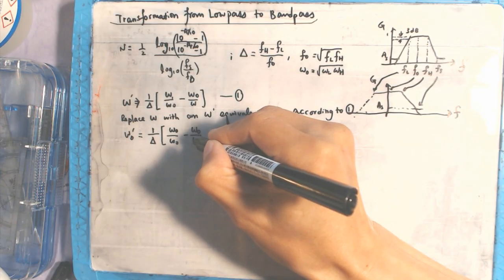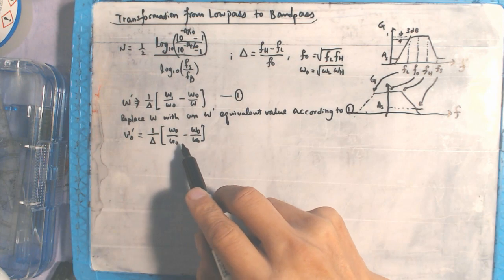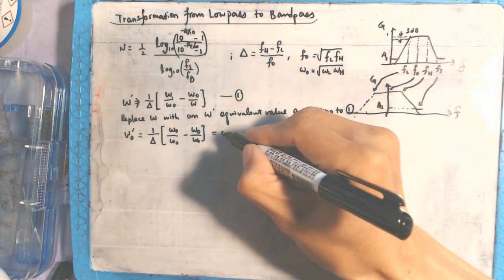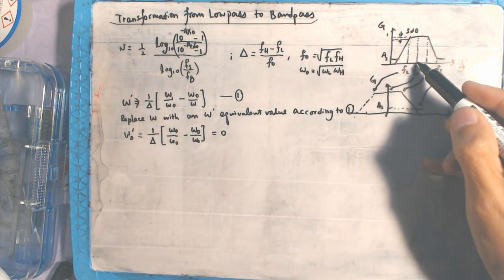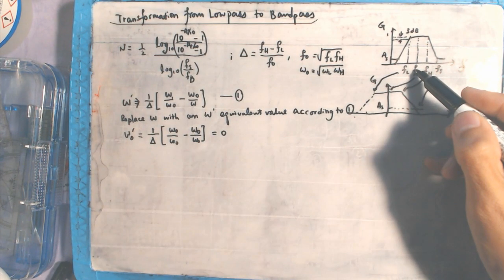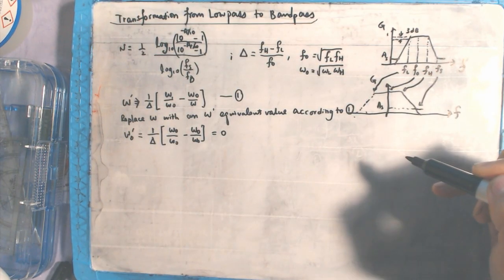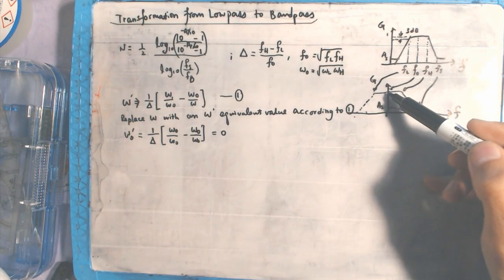So obviously, according to this equation here, you get 1 minus 1, which is 0. So the center frequency of the bandpass filter will eventually be mapped to 1. If you downscale it according to this formula, you get 0.